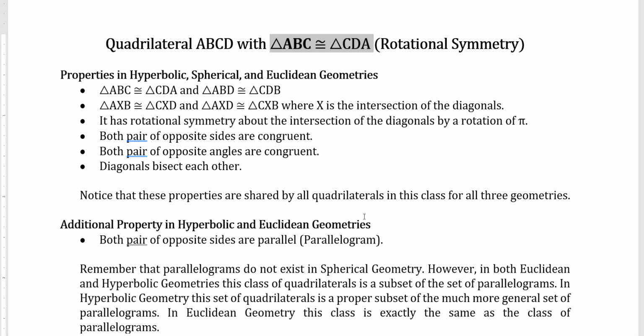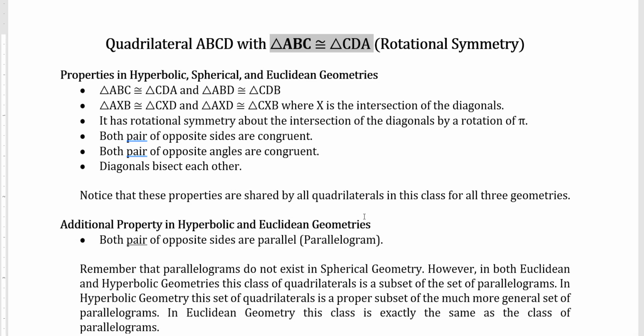So if ABC is congruent to CDA, that's the given. Then it turns out the other pair of triangles is congruent too, that ABD is congruent to CDB. Also, the four little triangles where X is the intersection of the diagonals are congruent, where you have AXB congruent to CXD and AXD congruent to CXB.